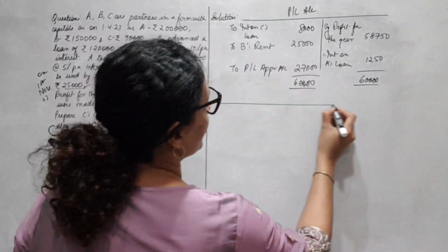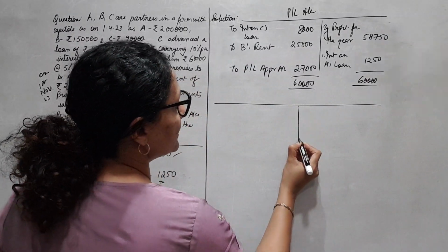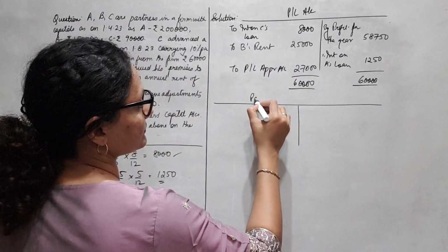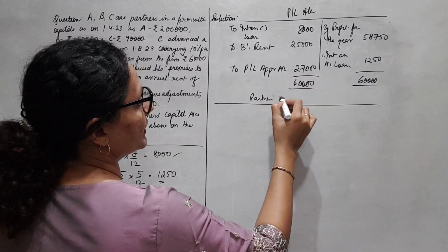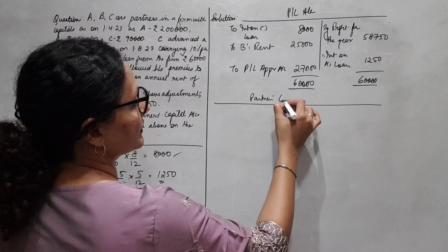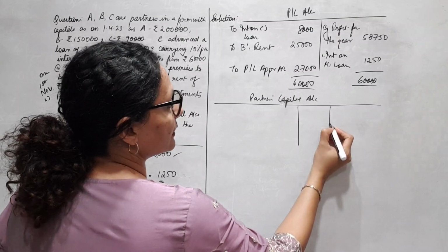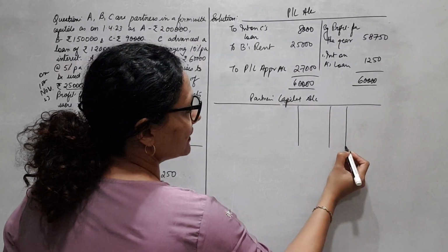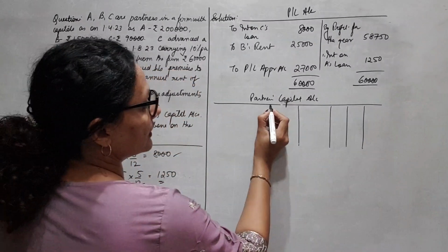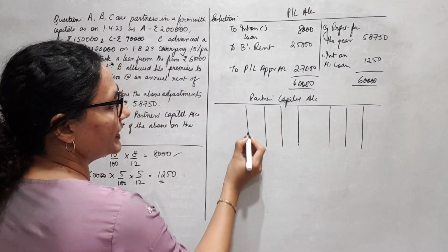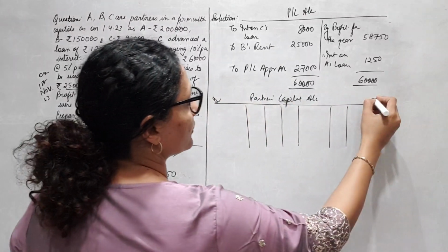Now let's see how it is going to be shown in the partners capital account. So we are drawing partners capital account. What kind of account is this? A liability, right? What is the rule? Any increase should be credited, any decrease should be debited. Alright?